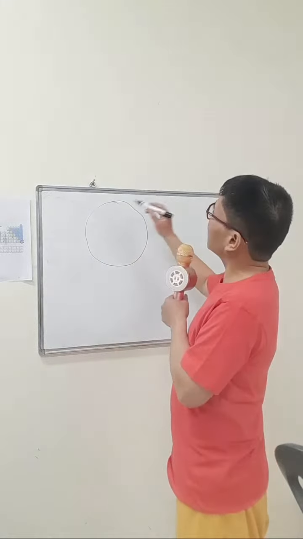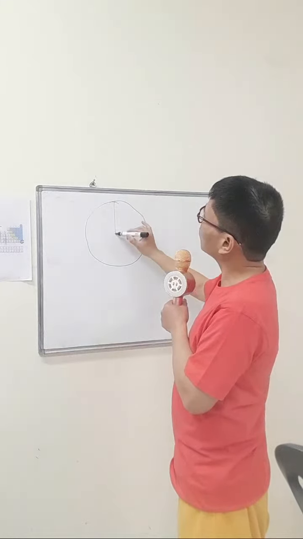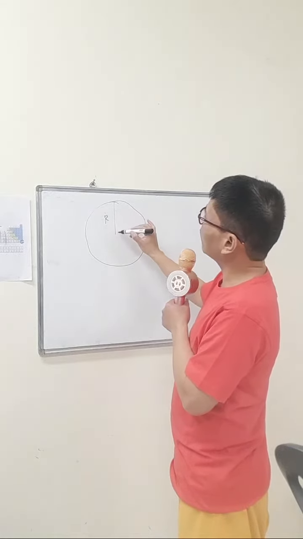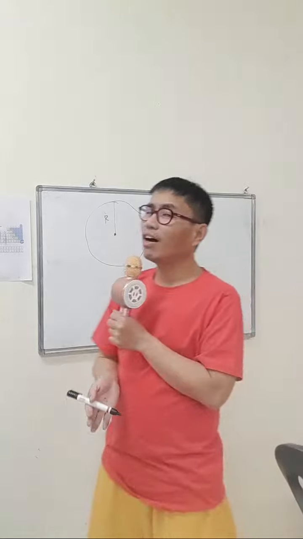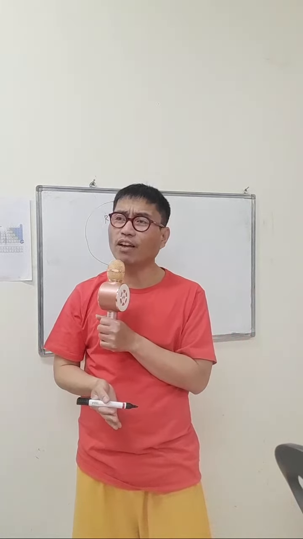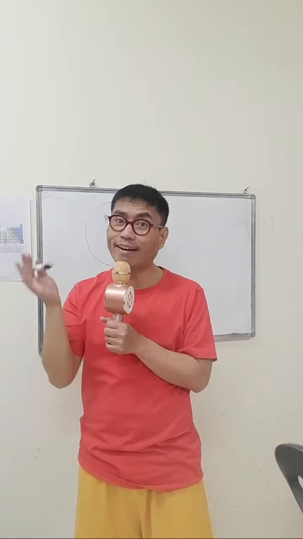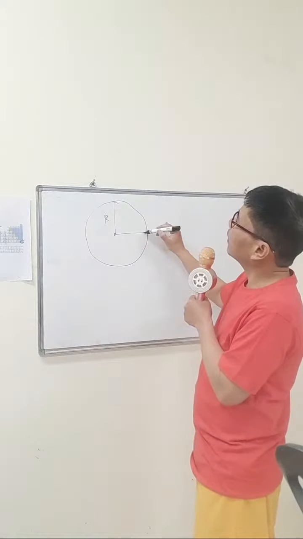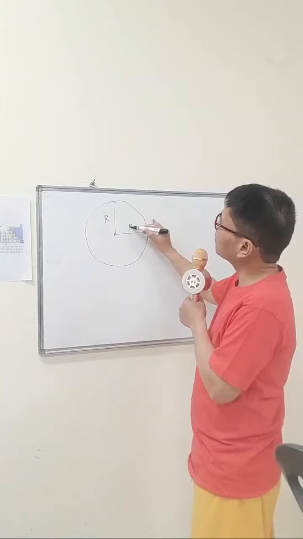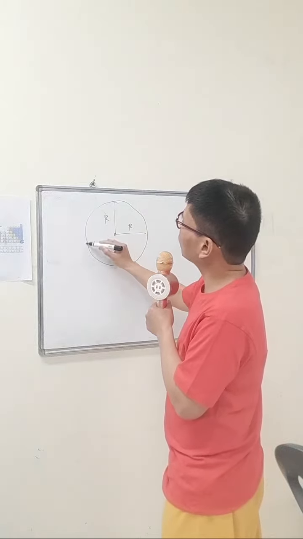So let us say it has a radius, capital R, with a central point. Let's say we consider this a nucleus. We interpret a nucleus always as a circle, or round. So we have the R here, and then we have the entire diameter here.